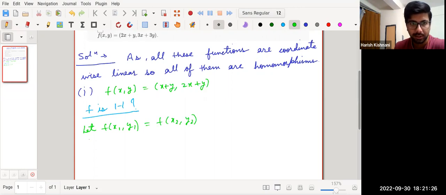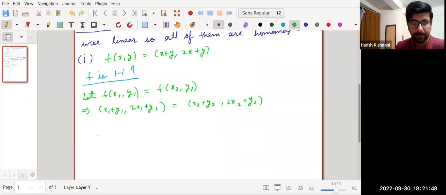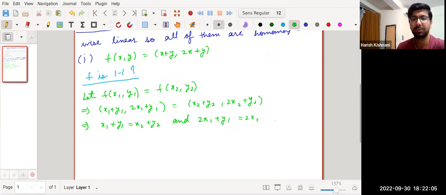Now that will imply that (x1 plus y1, 2x1 plus y1) is the same as (x2 plus y2, 2x2 plus y2), and comparing them coordinate-wise, you will get x1 plus y1 is the same as x2 plus y2, and 2x1 plus y1 is the same as 2x2 plus y2.